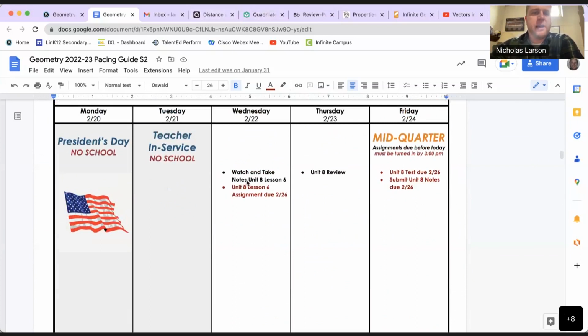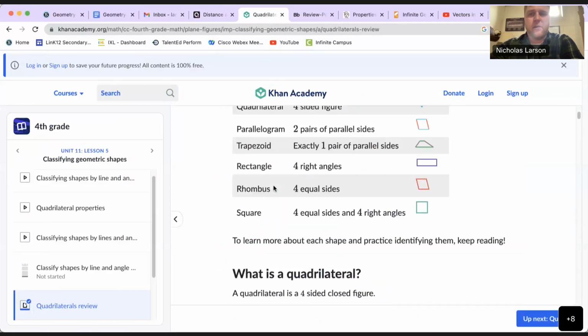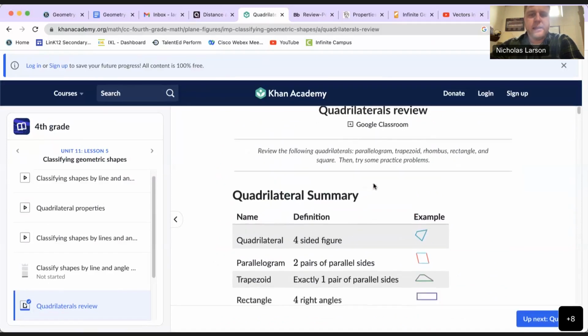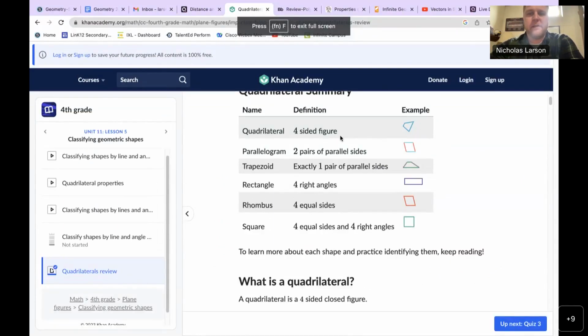So what did we talk about this week? We talked about different quadrilaterals. A quadrilateral is any four-sided figure. A parallelogram has 2 pairs of parallel sides.